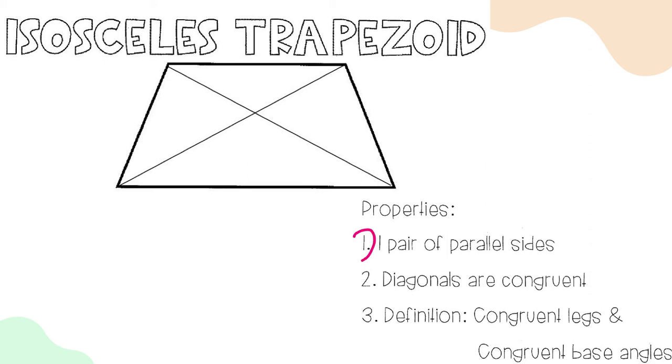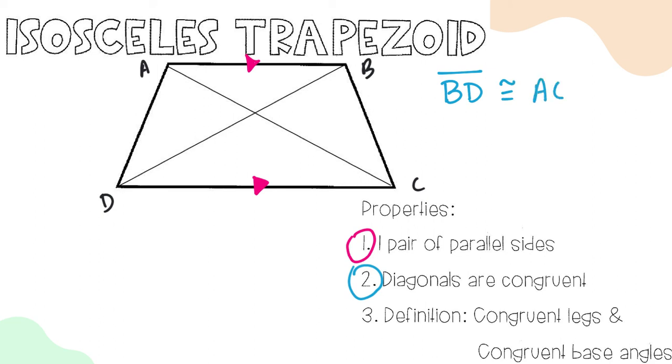So an isosceles trapezoid is a more specific name for a type of trapezoid, and it still has that same first property, that it has one pair of parallel sides. However, it also has some other properties that we know to be true. So one of these is that the diagonals are congruent, just like in a rectangle. So that means that BD would be congruent to AC.